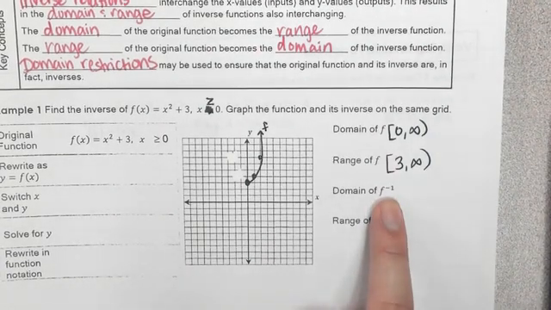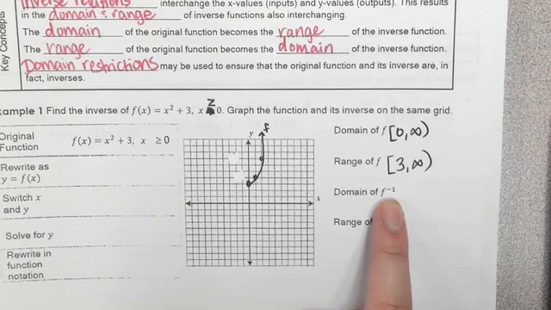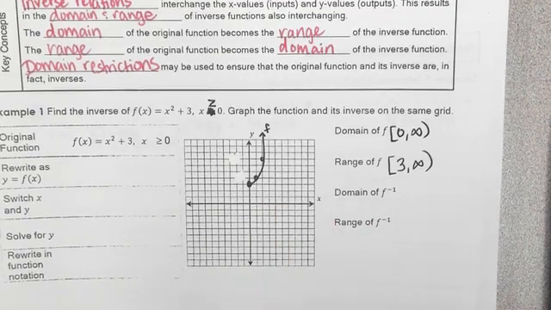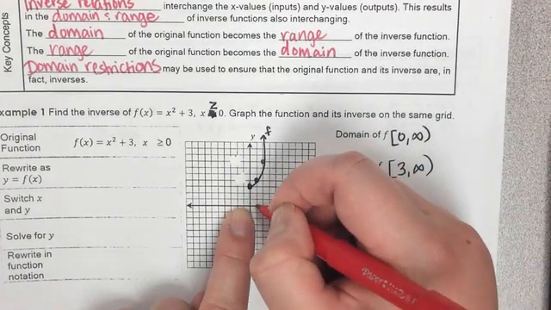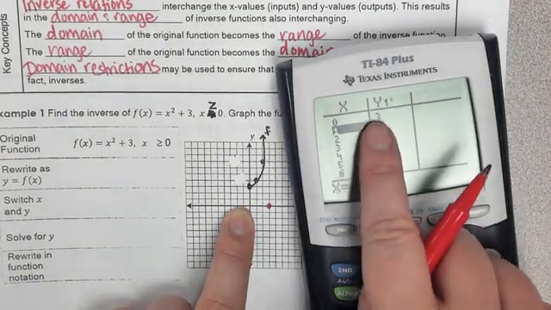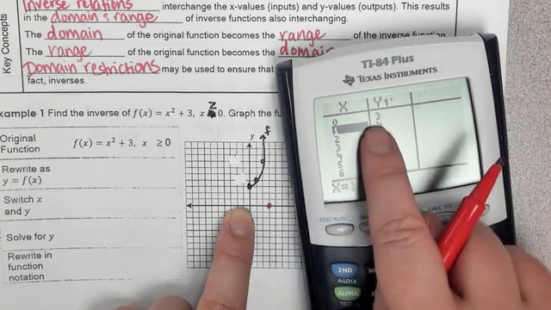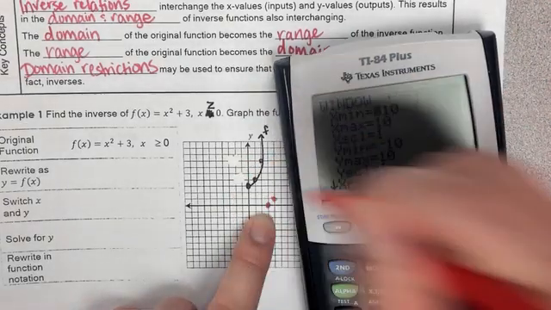Okay, if I want to graph the inverse, how can I easily do that? Well, I just switch x and y, right? 0, 3 becomes 3, 0. I could also use my table if I need. So 0, 3 becomes 3, 0, and then I can have 4, 1, right?